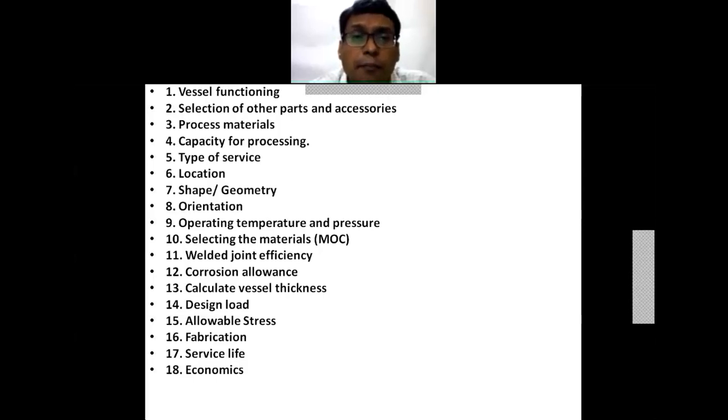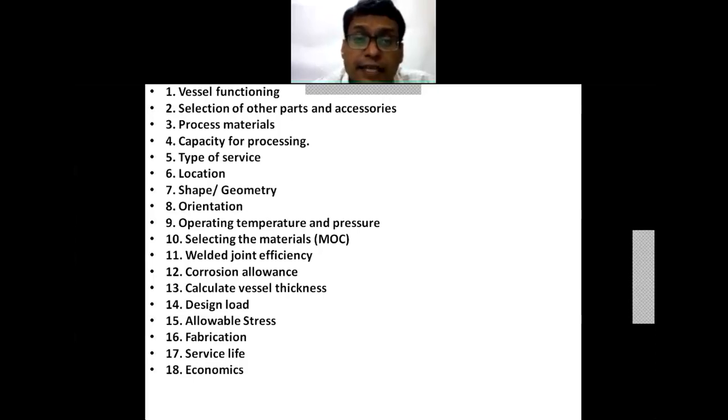Then the process material, which is nothing but the material which is being processed. Based on this process material, operating temperature, pressure, and the quantity of the processed material, you are going to decide the capacity of processing.